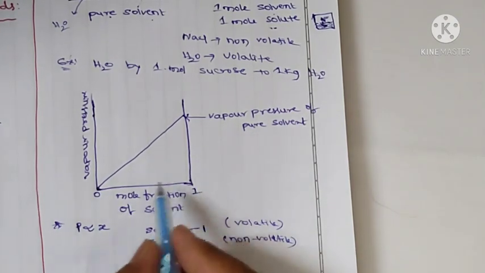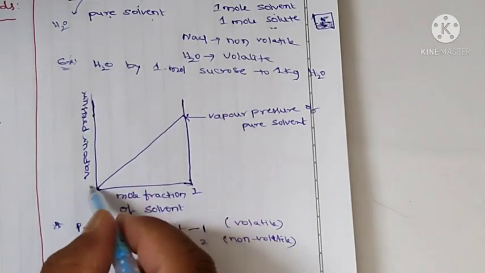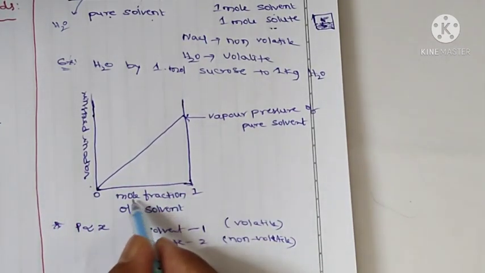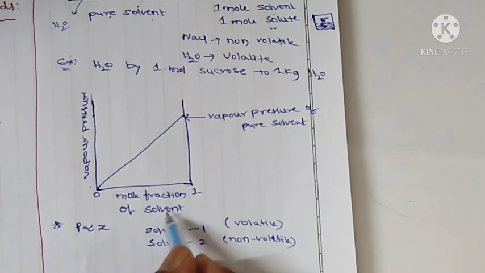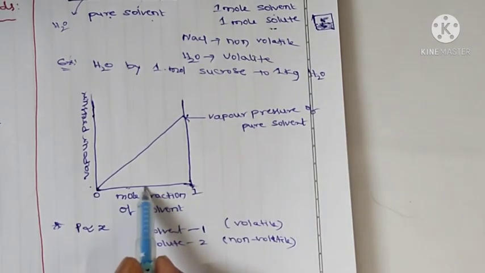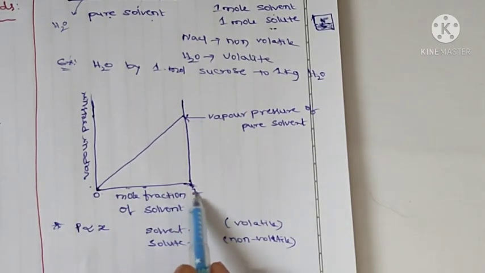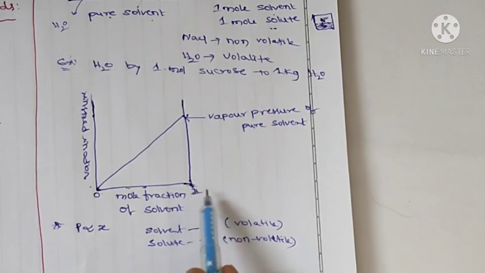For that, I am taking vapor pressure on the y-axis and the mole fraction of the solvent on the x-axis. Here it is 0 and here 1. If I take a middle point, there is half mole fraction of solute and half mole fraction of solvent. If I go from left to right, the mole fraction of solvent increases until it reaches 1, and we know that the sum of mole fractions is equal to unity.